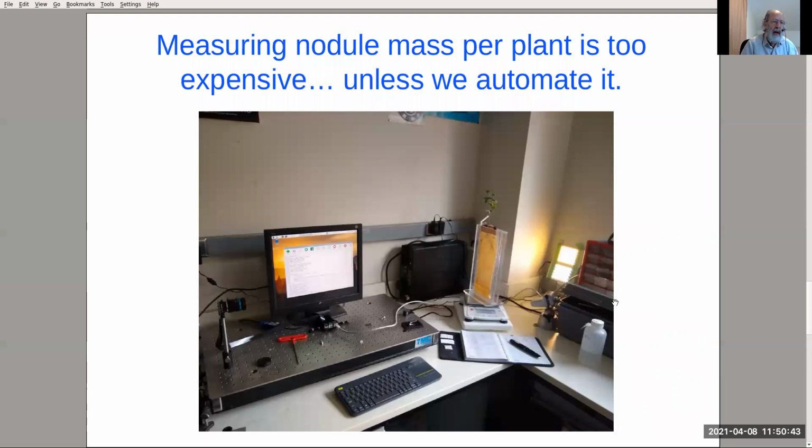And so we start out, we've got plants growing here in a growth pouch where the nodules are visible. Over here, I've got a camera, and it's all connected to a Raspberry Pi computer, which is connected to the internet. And so it can take pictures and automatically upload them.